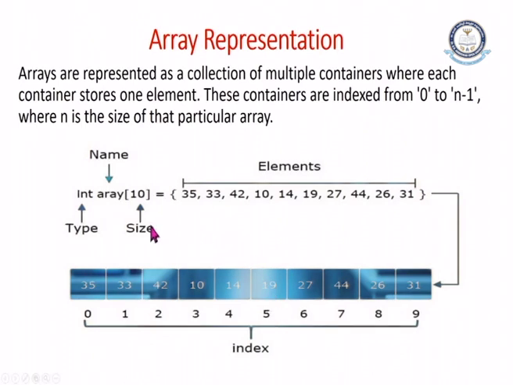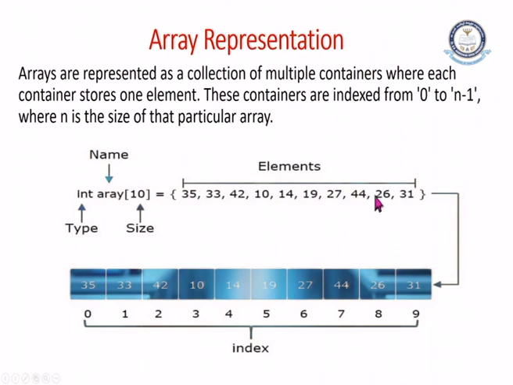See here, this is the declaration of the integer data type. Array is my array name, and here 10 is the array size. This is the syntax: data type, name, array size. So these are the elements 35, 33, 42, 10, 14, 19, 27, 44, 26 and 31.